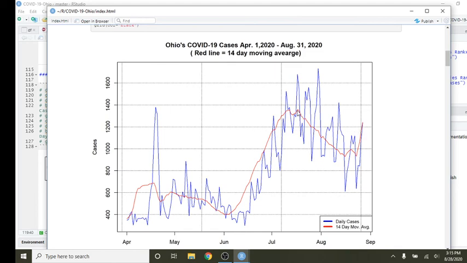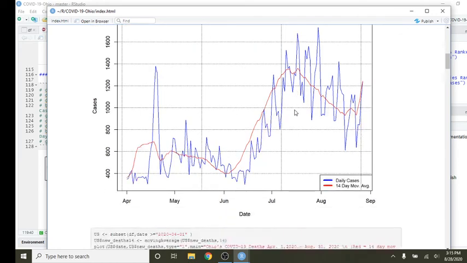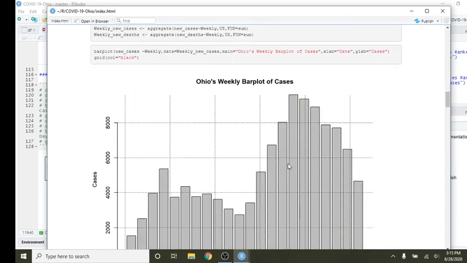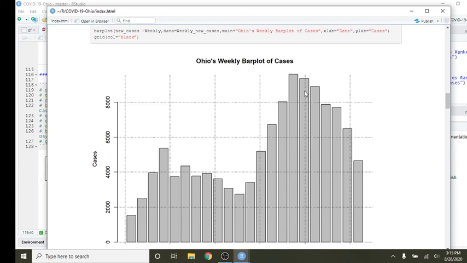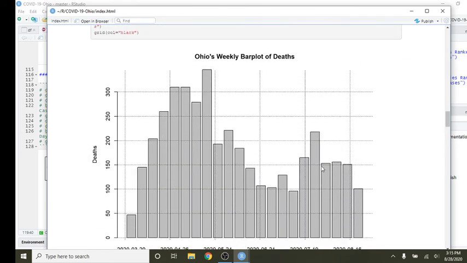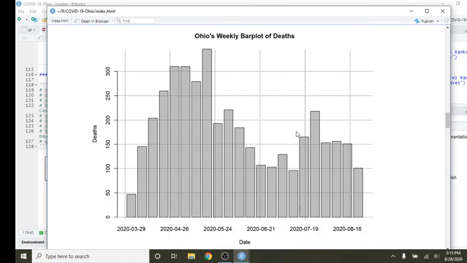Hopefully it won't get up to this 14-day moving average line here. Deaths, on average, is staying below 40 per day. Cases by week, 1, 2, 3, 4, 5, 6 straight weeks of decline of cases. This is positive. Deaths are staying below around 150 level for the week.